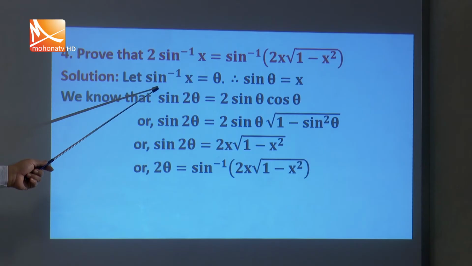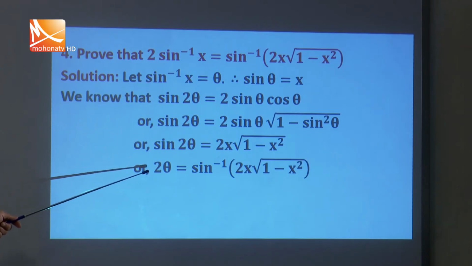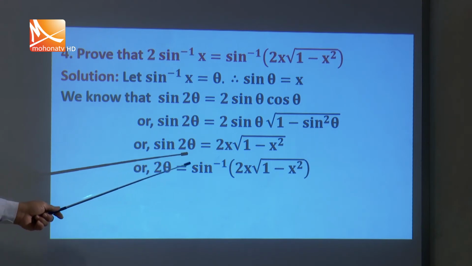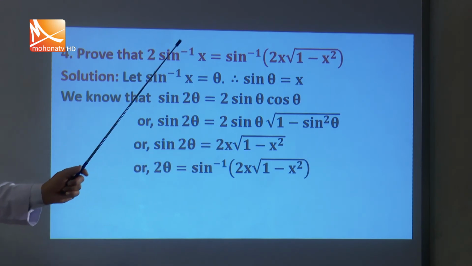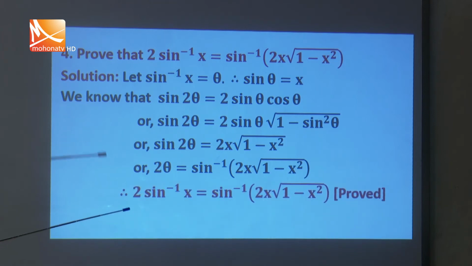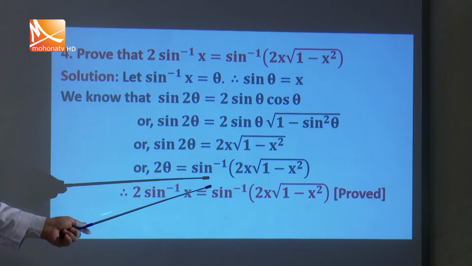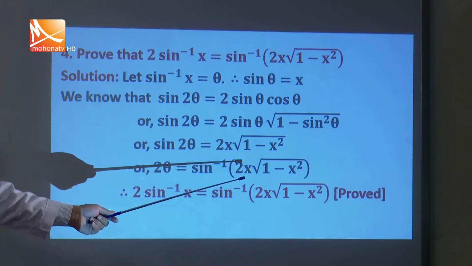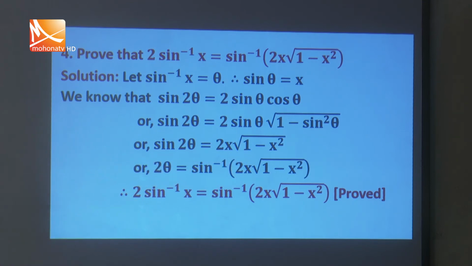Theta was sin inverse x. So next line will be 2 sin inverse x equals sin inverse of 2x into root over 1 minus x square. Hence proved. Okay. Then we have already completed this problem.